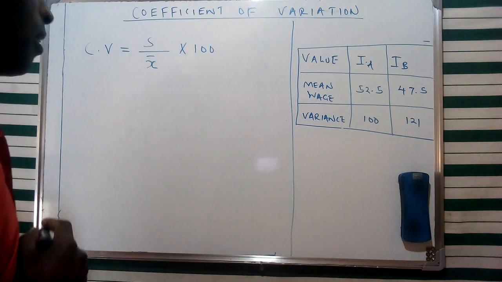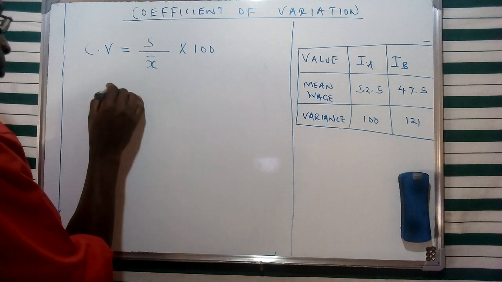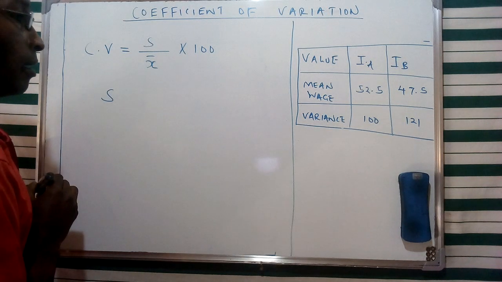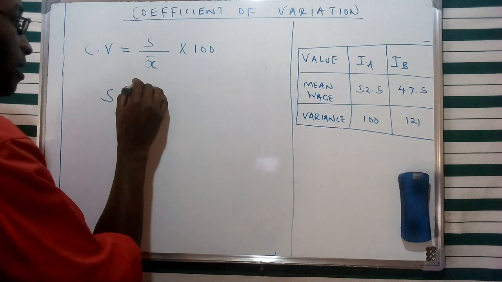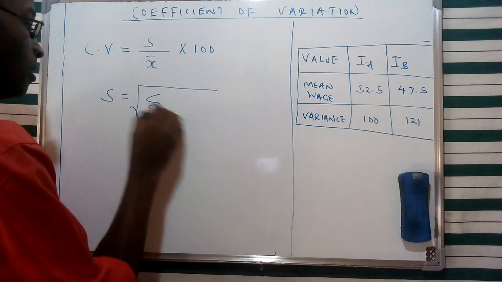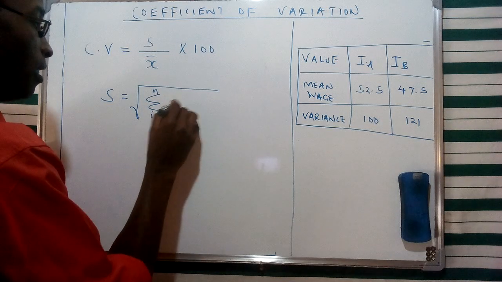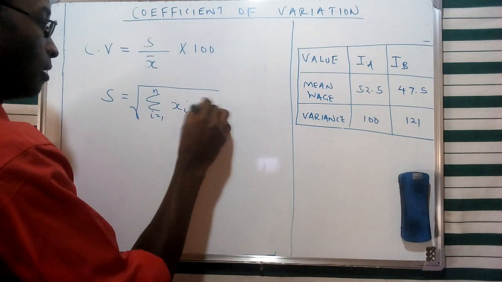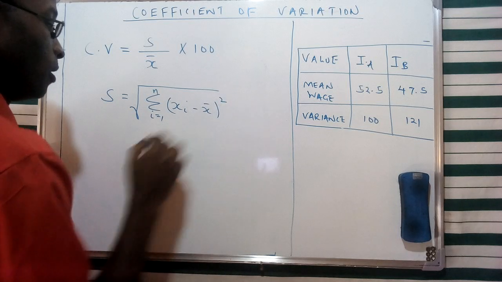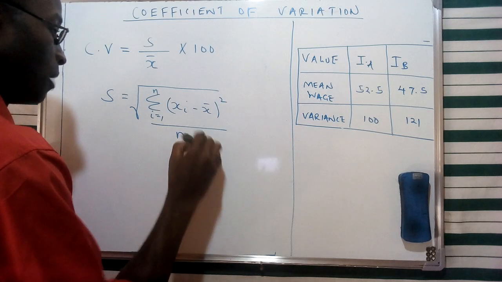From our previous definition, we had said that we can obtain the standard deviation of a set of raw data using the summation of values from 1 to n of the squared deviations divided by n minus 1.